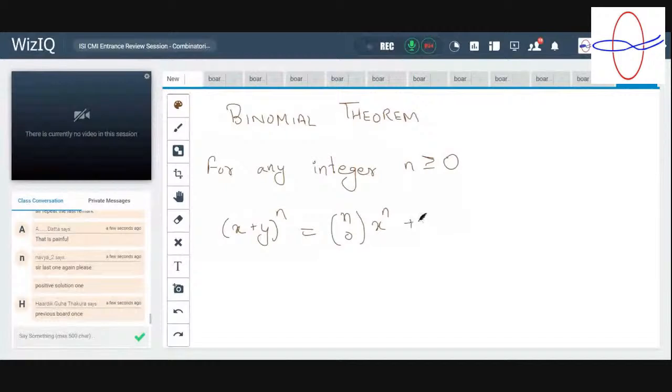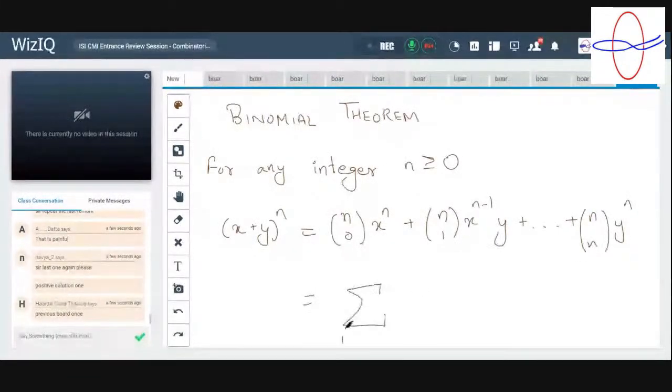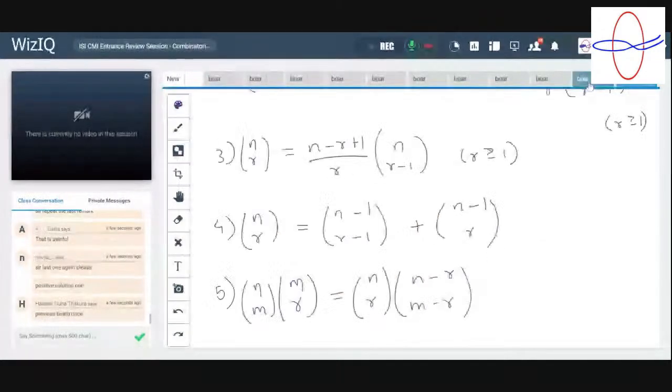One second. Alternatively, if you want me to condense this down, you can write this as the summation of n choose i, x to the n minus i, y to the i. I'm sure all of you know this already.